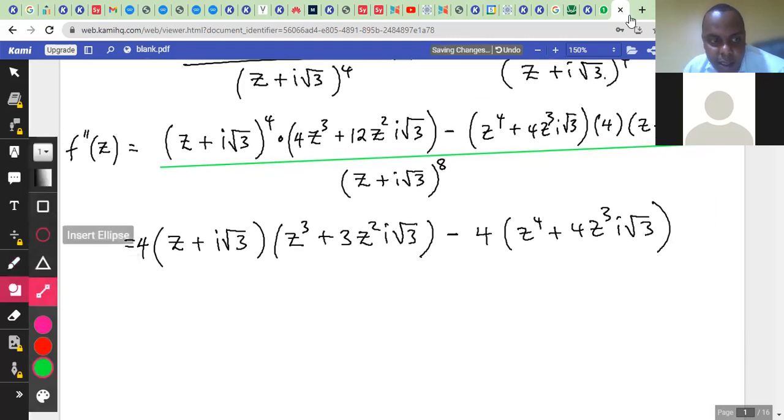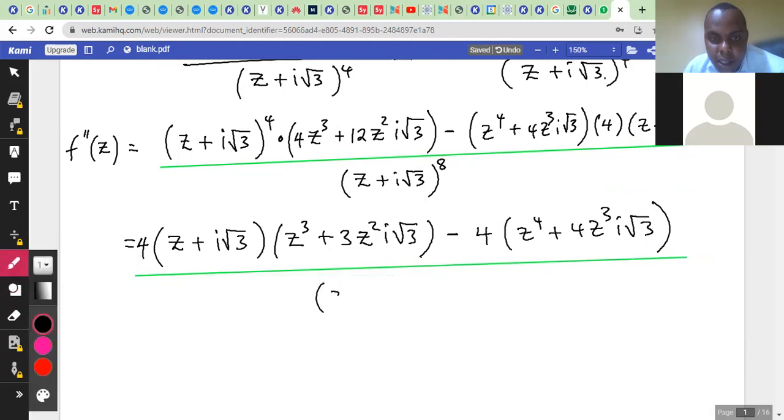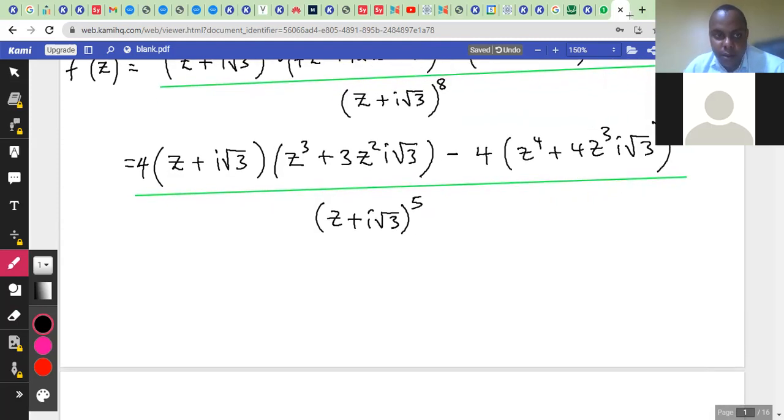And you also forgot the (z plus i root 3) cubed. I factored it out. Sorry, so this becomes (z plus i root 3) to the power of 5. So we pull out the 4, and then we open this.